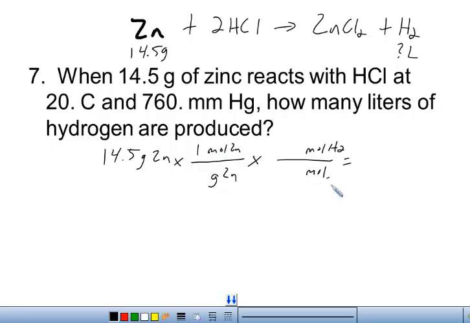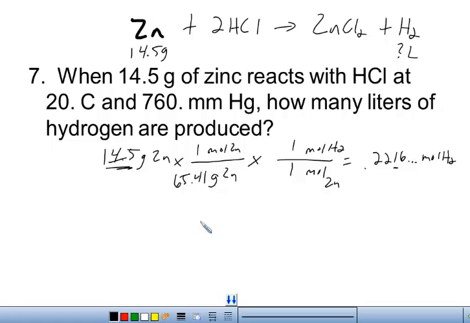Moles will cancel again. Again, it's a 1-to-1 in this case. This is 65.41. If I solve for that, I get 0.2216. I'm going to put dots there indicating I know there's more significant figures. In reality, I only have 3, because this number has 3.